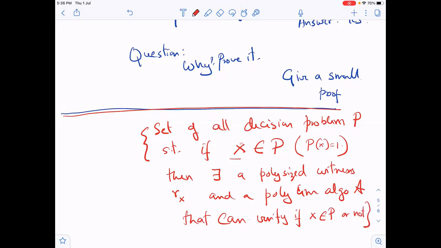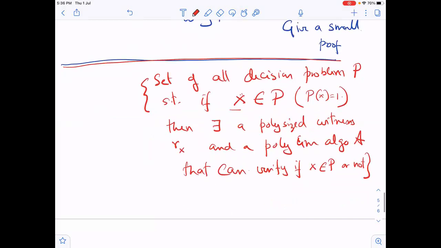So this is a very, very, very important class. This is something you might want to spend a couple of minutes thinking about. These are the set of problems that I'm not claiming can be solved by a polytime algorithm. But if an instance of the problem evaluates to 1, meaning it is in that problem, then one can give a short proof.